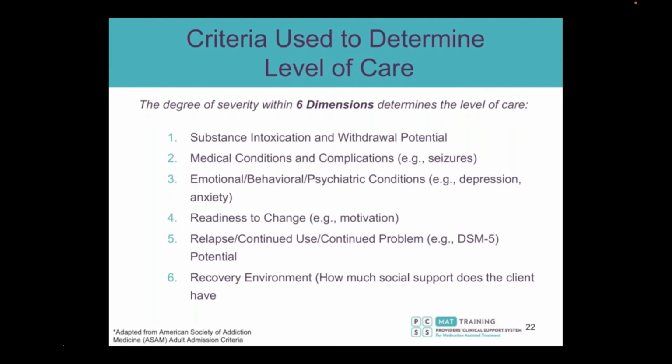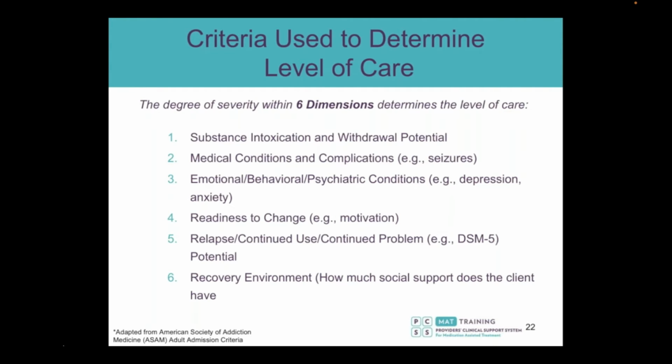In terms of readiness to change, a patient does not need to be 100% motivated to completely and immediately become abstinent from opioids, which in many cases in treatment clinics for OUD is a threshold requirement. Here, they just need to be motivated to adhere to the guidelines and protocol of SMM, which we will get into shortly.